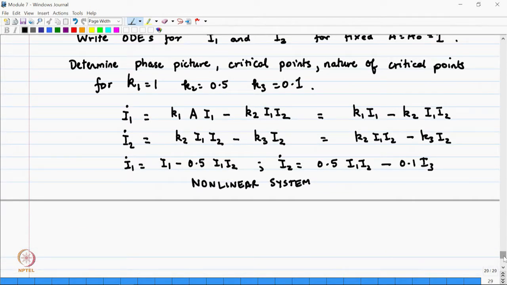Okay, so let us determine the critical points. So what are the critical points? So I1 is equal to 0.5 I1 I2. And I2 is equal to 5 times I1 I2. Okay.